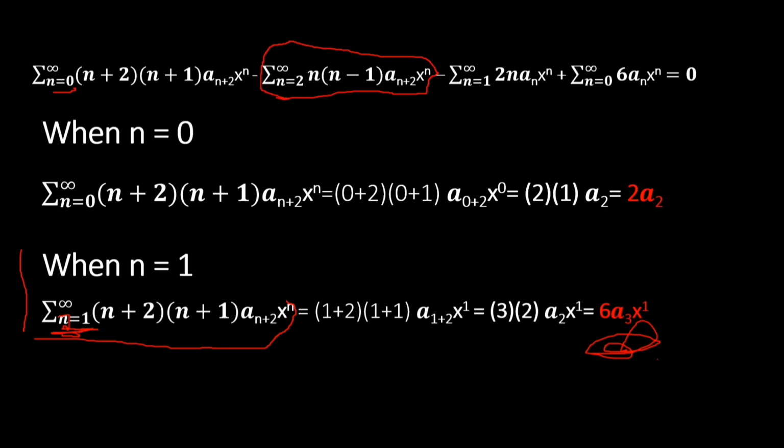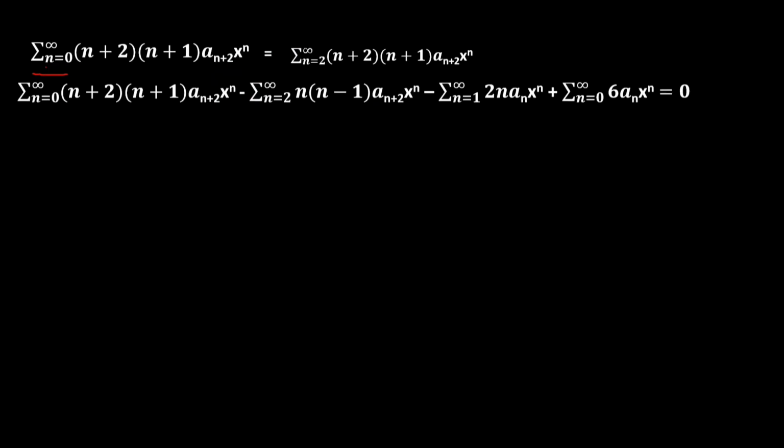So what will I do? What I got here, this and then this, are still part of the series of this. So I will add this plus this plus, when I now substitute n equals to 2, just as you can see here, this is the equation we are dealing with.